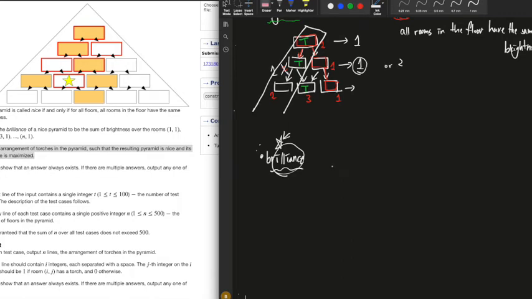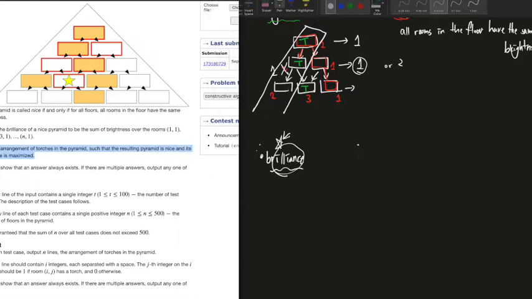Well, since we need to maximize brilliance, I'm going to put torches in the left side of the pyramid first.